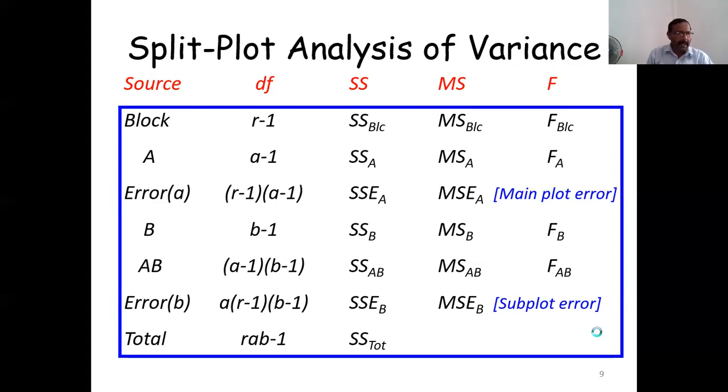Take a note of it, then we will come up with the notations in a few seconds. And the model as well. We'll come up with the model, then the Anova table. This is the summary Anova table for a two-factor case. So we have main plot and the subplot and the blocks.